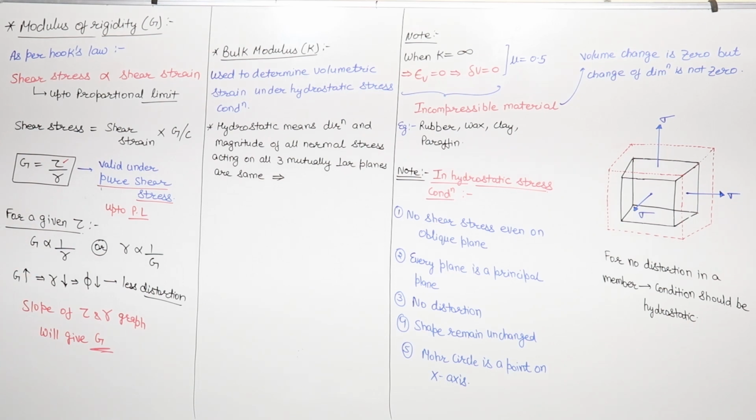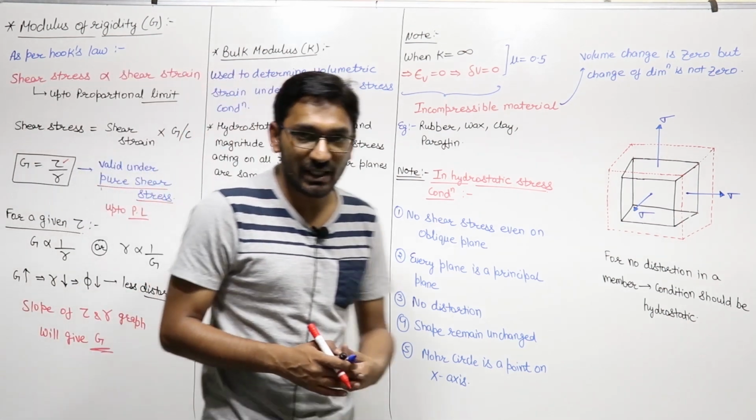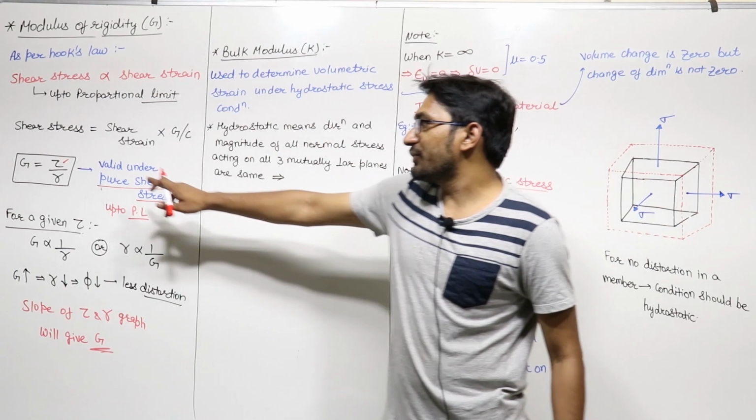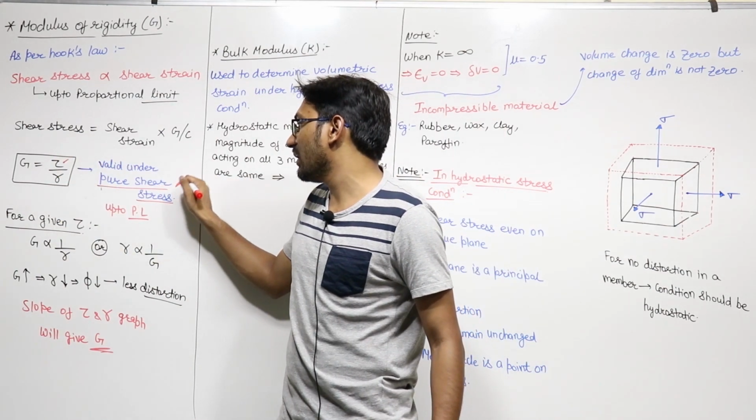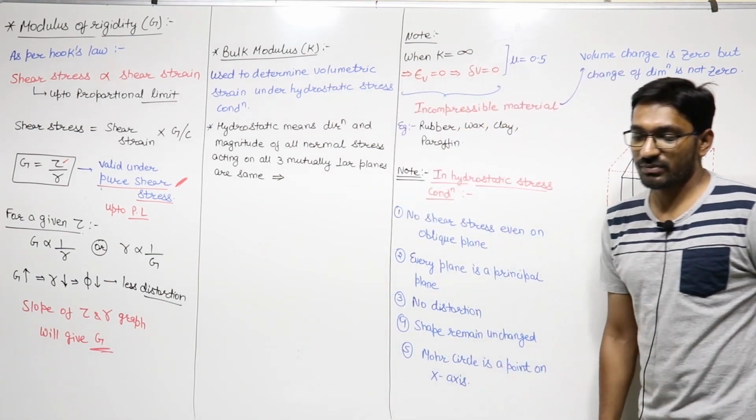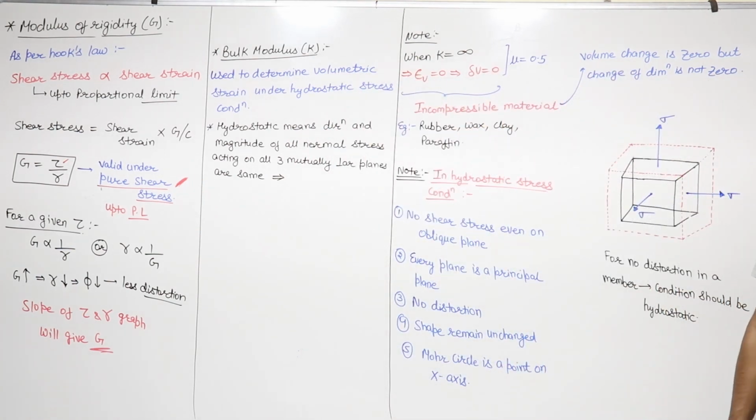So this is the definition of the modulus of rigidity, that is G. And just remember, the formula G is equal to tau upon gamma is only valid under pure shear stress. This is the assumption of using it.